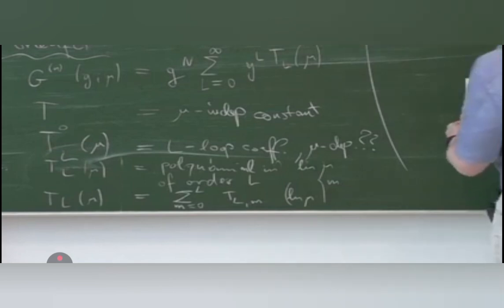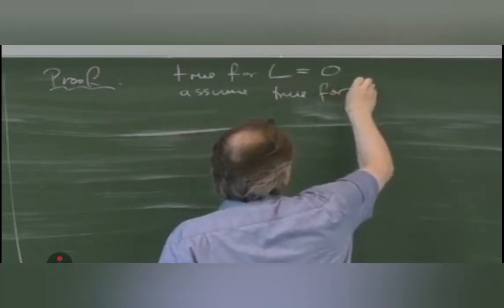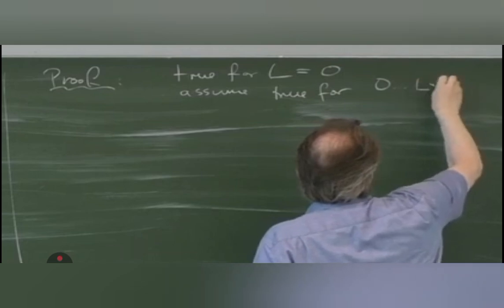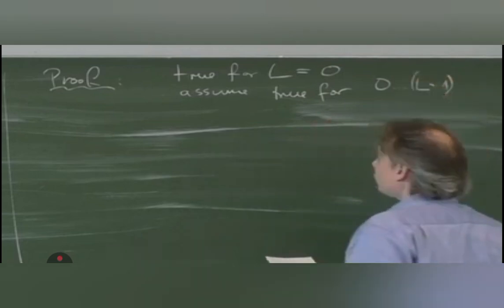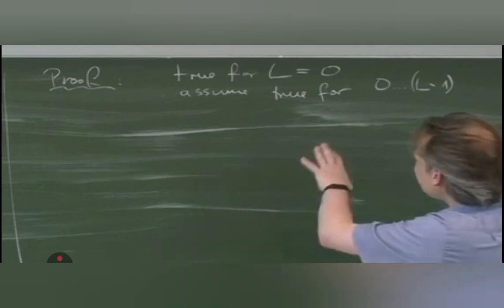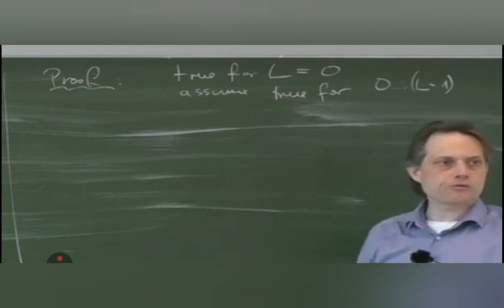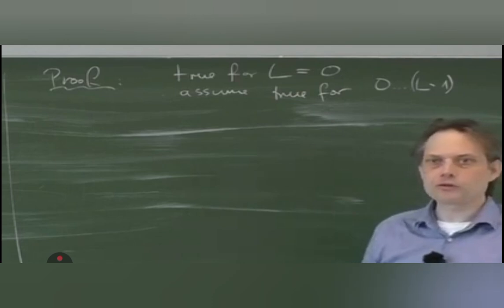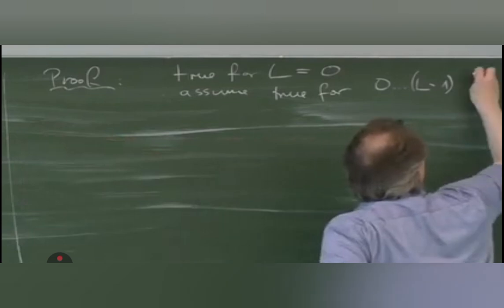Then let us also assume as a reduction that it is true for previous orders 0 up to n minus 1, and then let us prove that from this we get the next order, and then we have a reduction. So under these two assumptions we get the following.